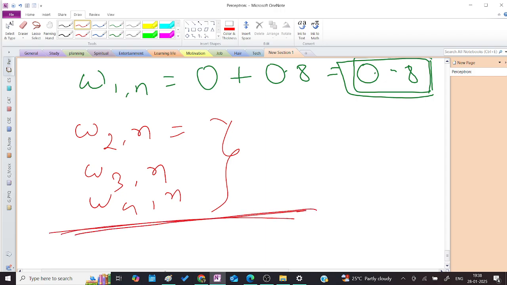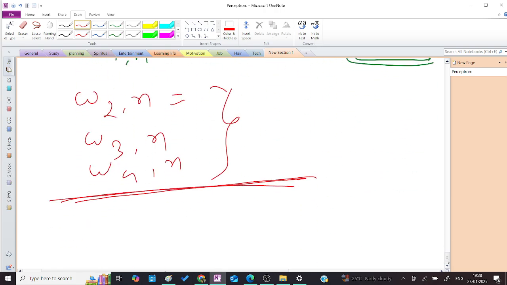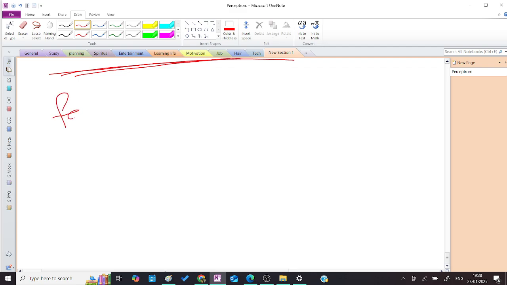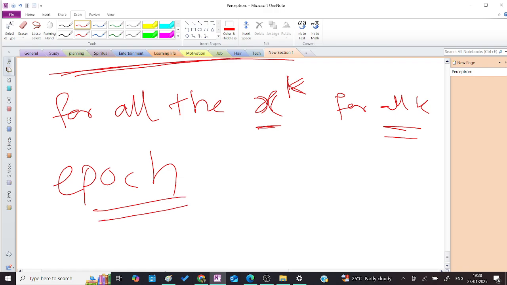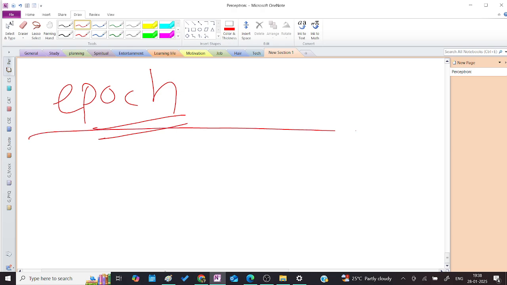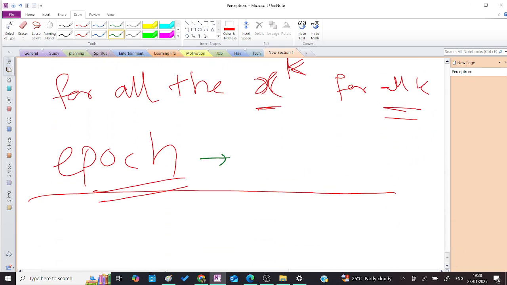We will do this for all the inputs, for all k, and once we complete all k, we call it an epoch. And in that way, our parameters get updated.